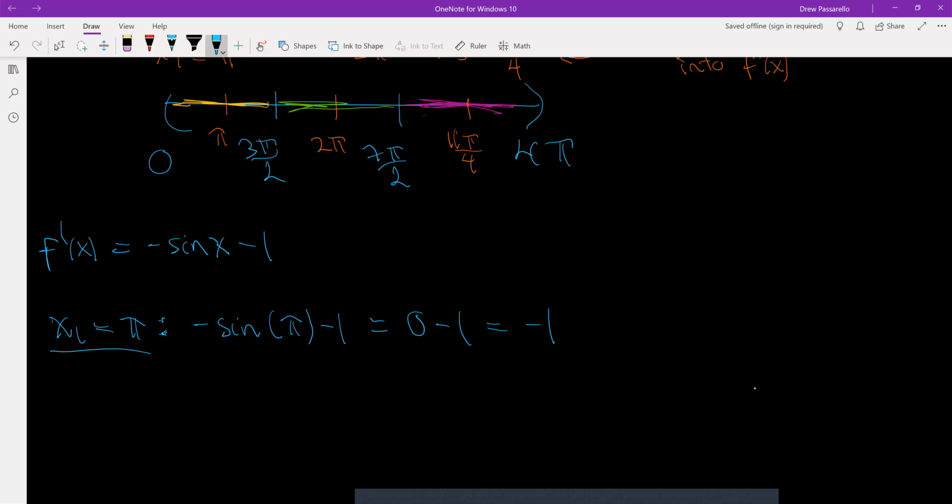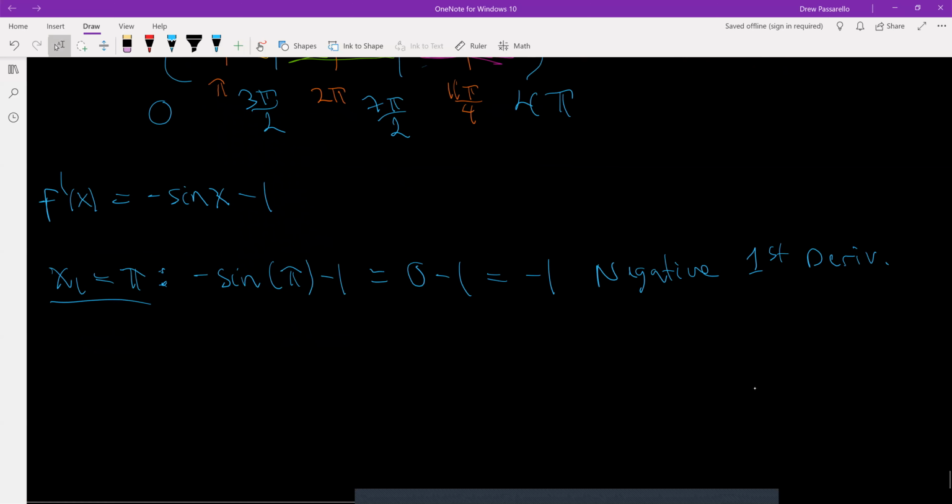Now, the point is that it's a negative derivative, so it's decreasing. So negative first derivative means the graph is decreasing, and that's on the first interval from 0 to 3 pi over 2.